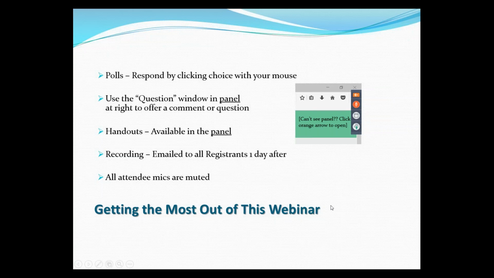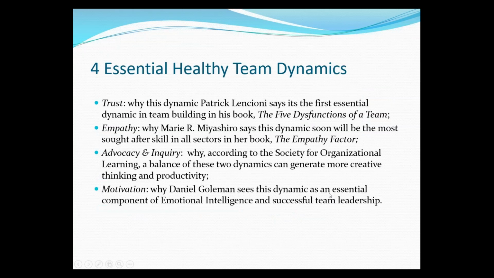Okay, with those few housekeeping details, I just want to remind everyone, in terms of the marketing that I did around this webinar, that we're going to look at these 4, what I'm calling 4 healthy team dynamics. Trust. We're going to look a little bit at what Patrick Lencioni says about that. Empathy, from a wonderful book called The Empathy Factor.